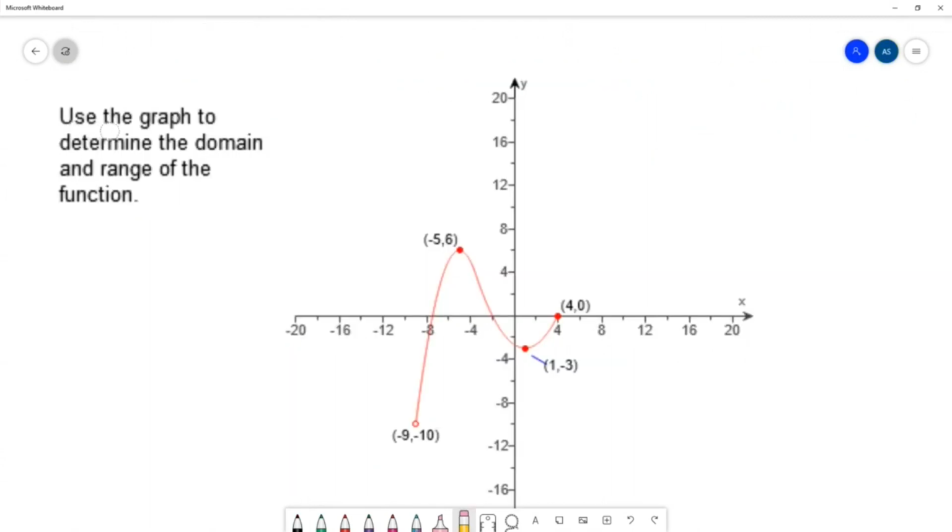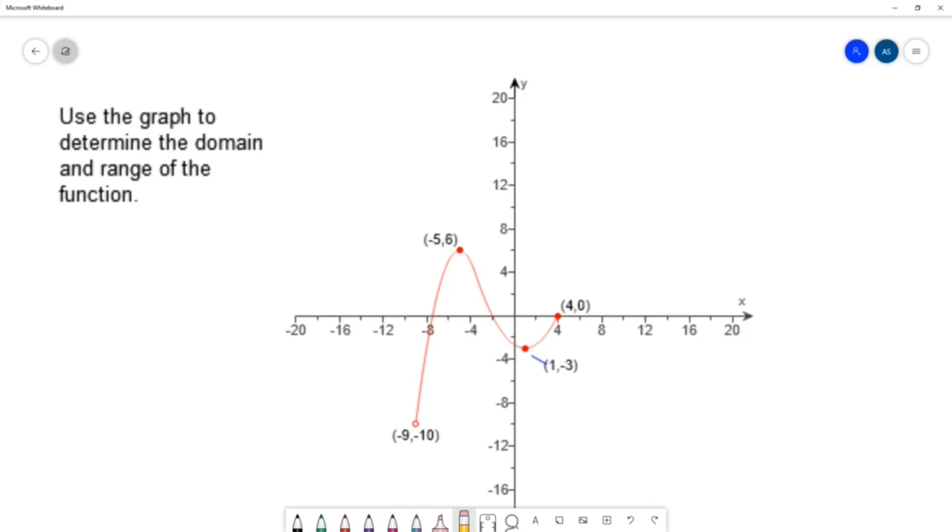On this example, I want to use the graph to determine the domain and range of the function. We're given a picture of the function, and from this picture, we want to state the domain and range. A very common mistake for finding the domain in a question like this is to take a look at these ordered pairs that are labeled on the picture and list the x's as the domain and list the y's as the range.